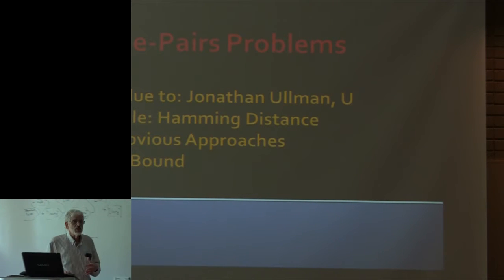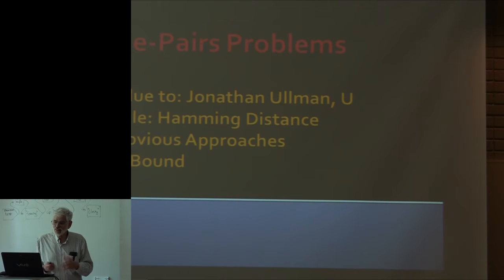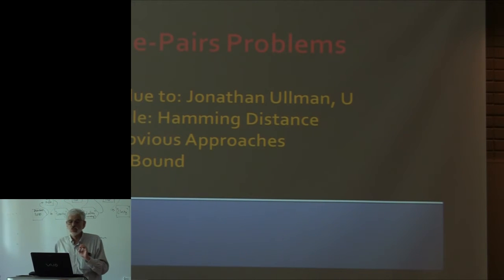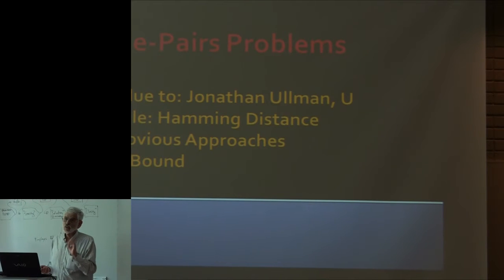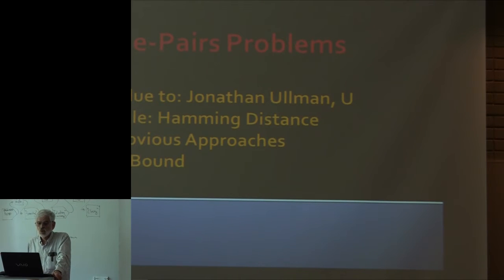And the interesting thing that my theoretically inclined son was able to do is to show that in fact, there's more or less nothing better than the obvious approaches in general. For some specific instances of a sum pairs problem, there are in fact much better algorithms and we know about them. But there's nothing general that works for all sum pairs problems.